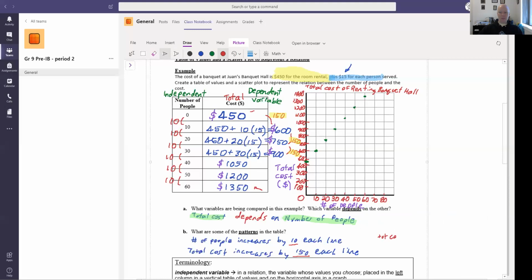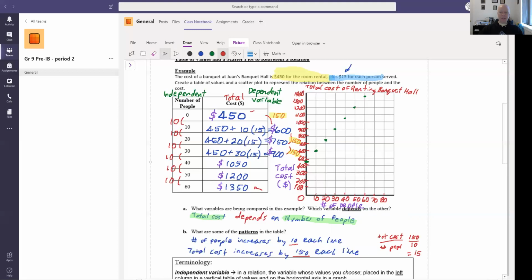I'm going to run out of room here, so I'll say total cost. Total cost of $150, and we divide that by the number of people. If you were to divide 150 by 10, we see that we do get 15.